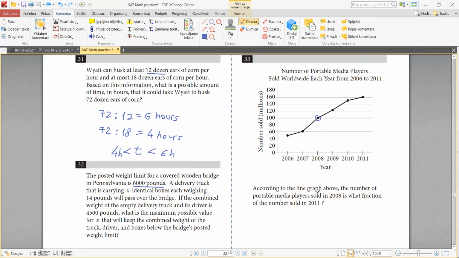In 2008, we had 100 million. And in 2011, we have 160 million. And this is 5/8.